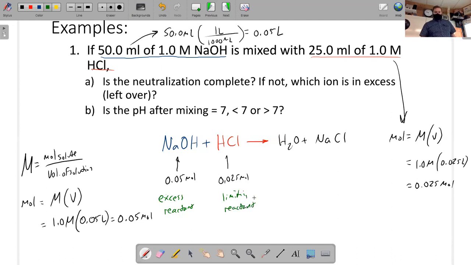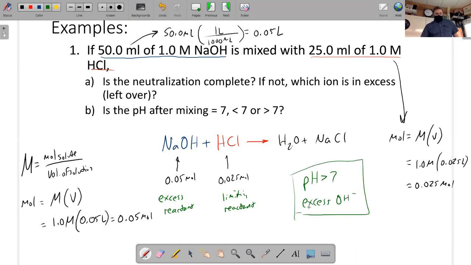And as a result, because sodium hydroxide is in excess, not only do we get water and sodium chloride, there's going to be excess hydroxide ions. There's actually excess sodium ions and excess hydroxide ions in solution. So the pH is going to be greater than 7 because we have an excess amount of hydroxide ions.